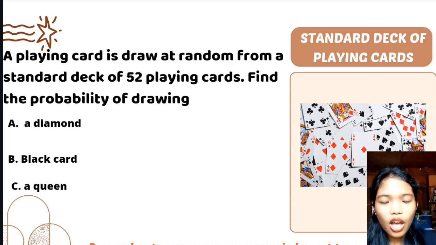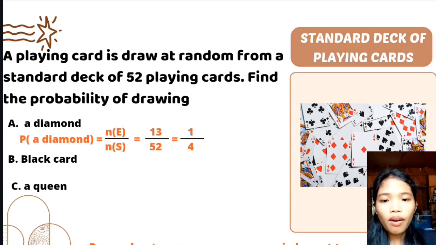In a standard deck of cards, there are 13 diamonds from ace until the king.